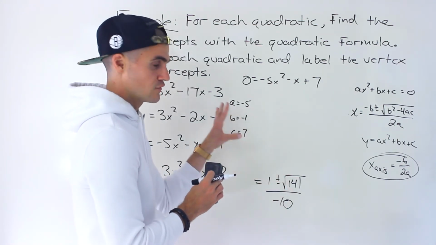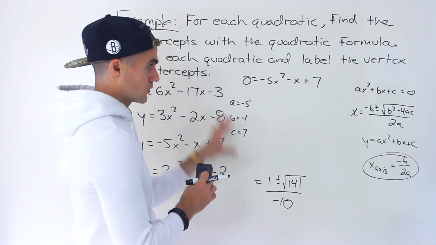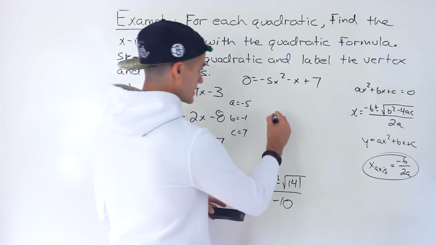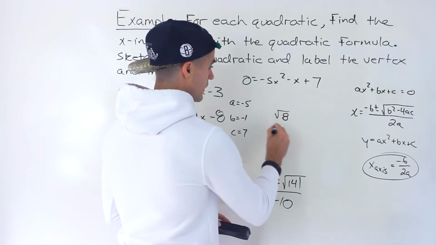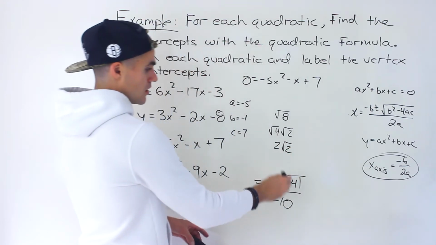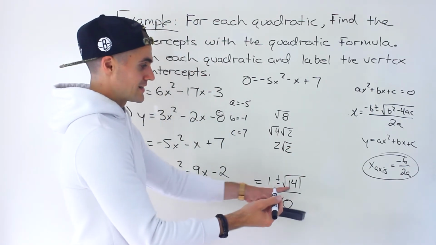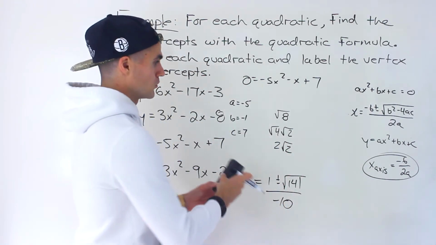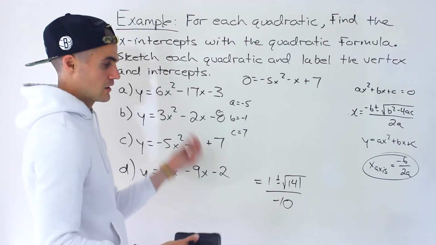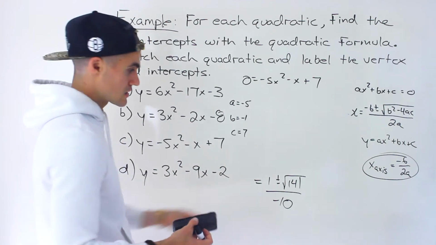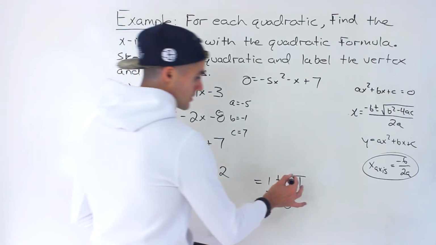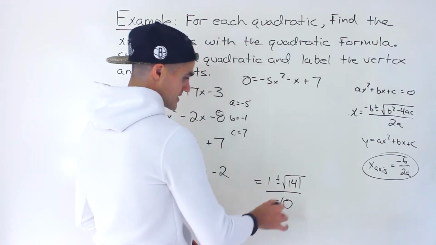In the previous videos, when we've done quadratic formulas, sometimes I said your teacher may require you to go from, let's say, root 8 to root 4 root 2, which would be 2 root 2. But in this case, 141 doesn't divide by a perfect square. It doesn't divide by 4, doesn't divide by 9, 16, 25, 36, etc. So that is the final answer in exact values.